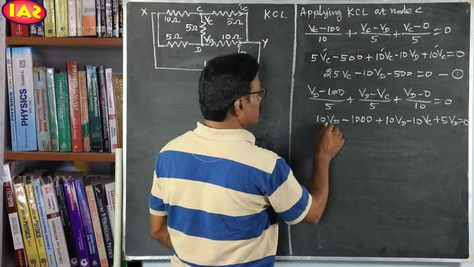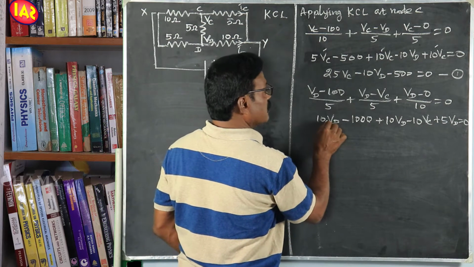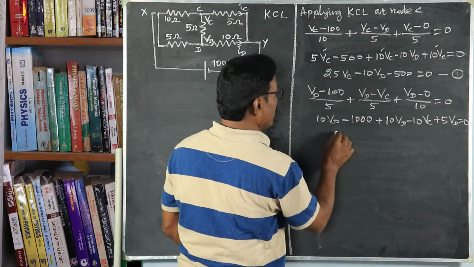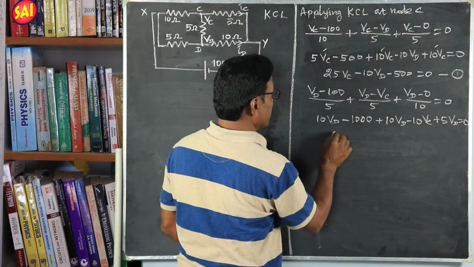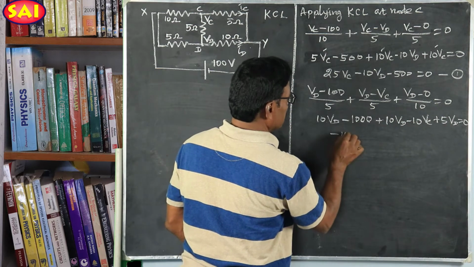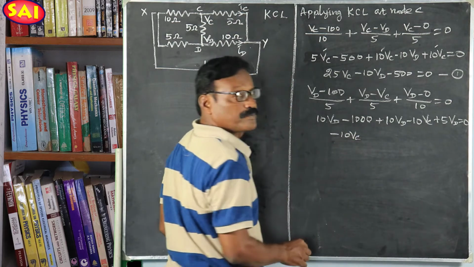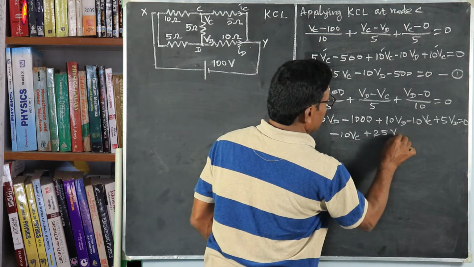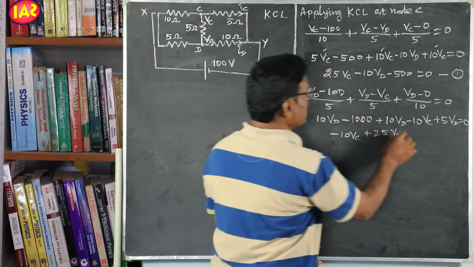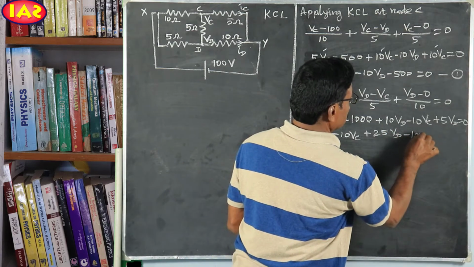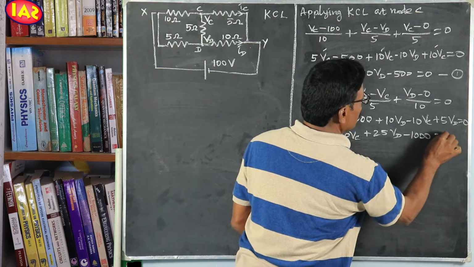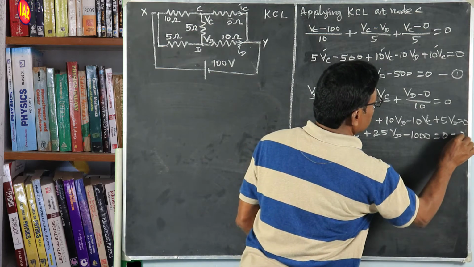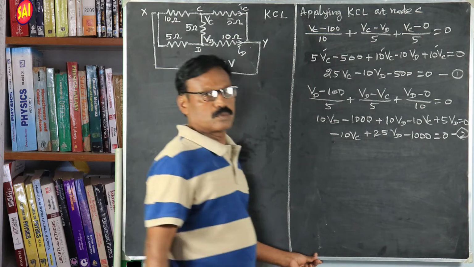Now sum up: 10, 20, 25 VD minus 10 VC, minus 10 VC plus 25 VD minus 1000 equal to 0. Let it be equation 2.